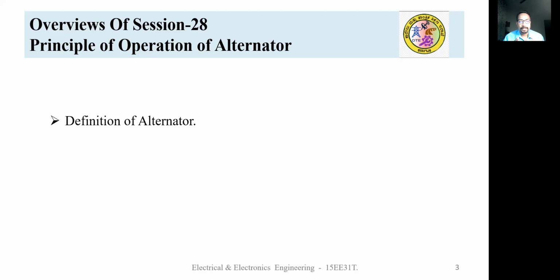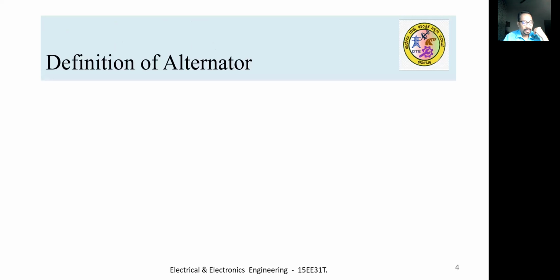So again, recalling the definition of alternator, and then the principle of operation of alternator. In this session, we are going to learn mainly the principle of operation of alternator. Quickly, we will recall the definition.